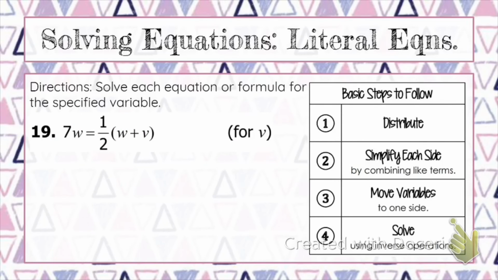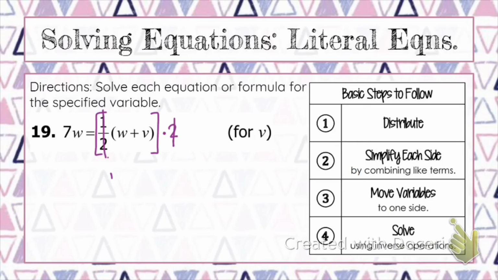And here's our last example for today. We want to solve this equation for the letter v. So we're adding w to v, but then we're multiplying by 1/2. So if we multiply both sides by 2, 2 times 1/2 is just 1. So that will cancel that out.